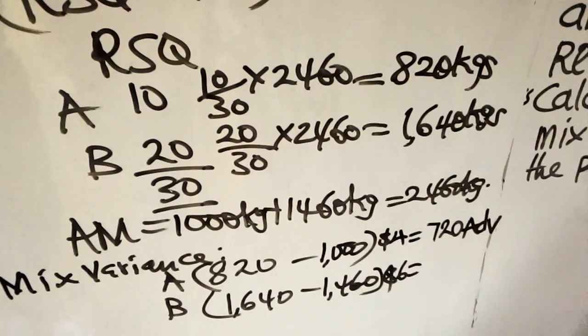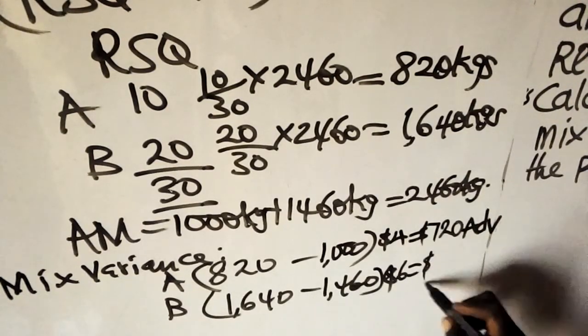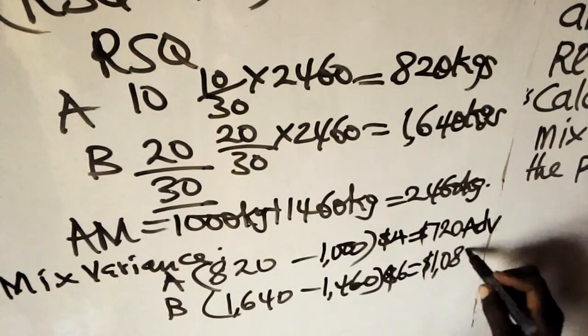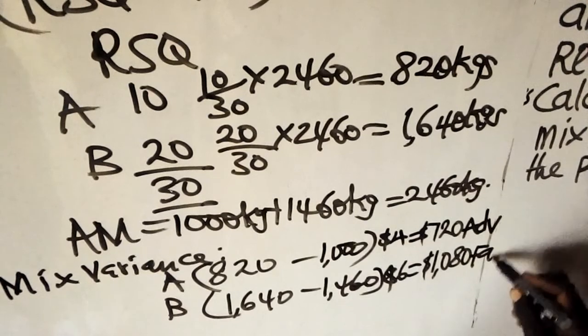1640 minus 1460, that is 180 times 6, that is 1080. You use less material than planned, that is favorable.